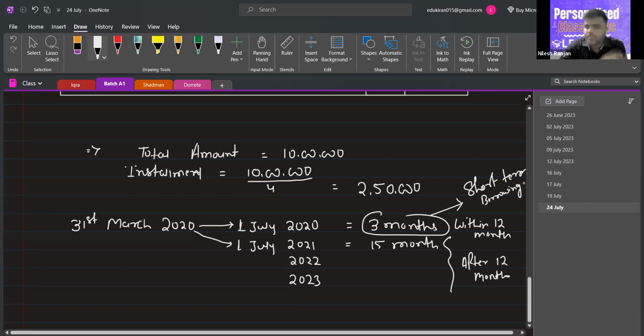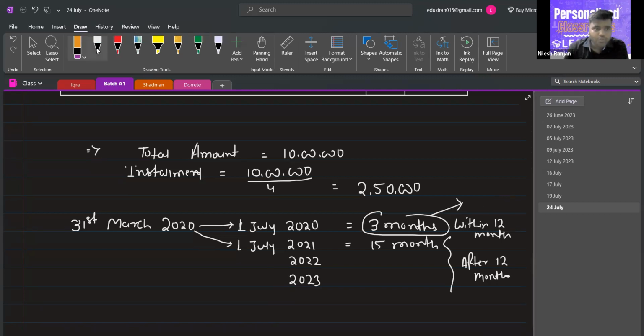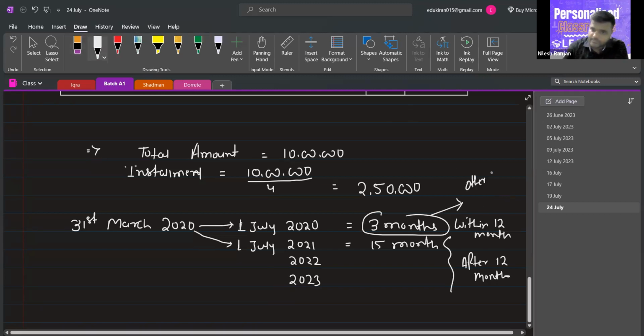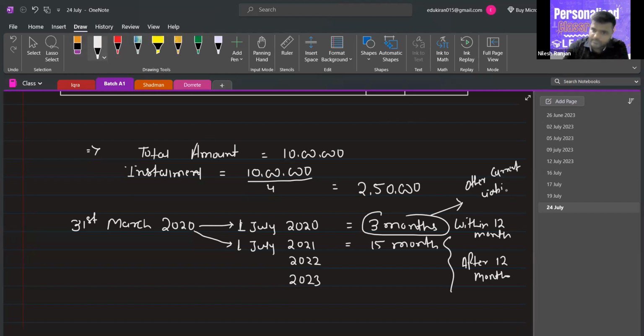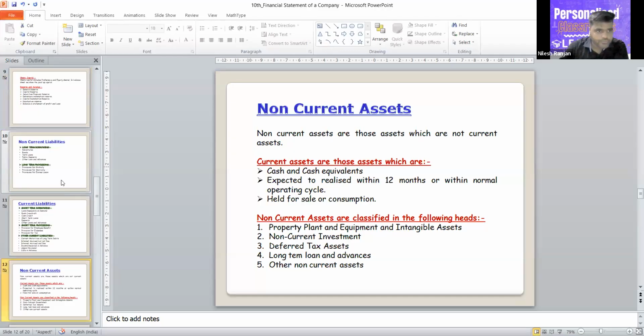Or rather, leave the short-term borrowing actually. It will be shown under other current liabilities. Let me show you.